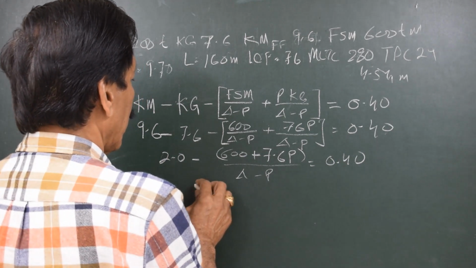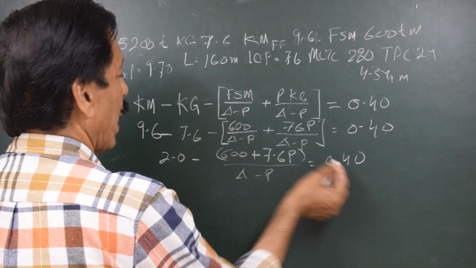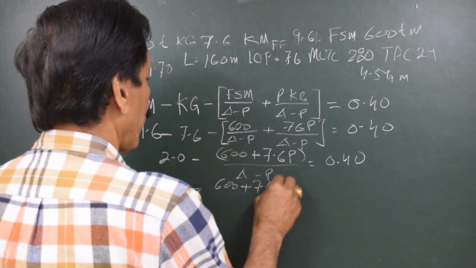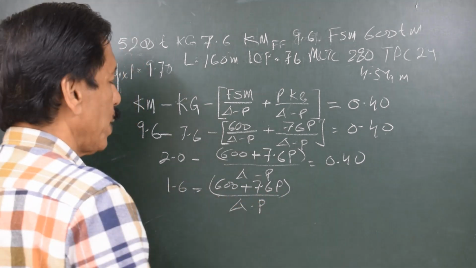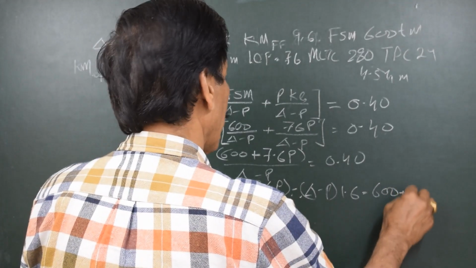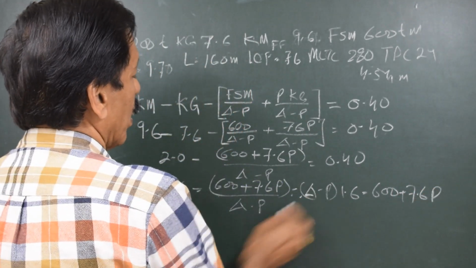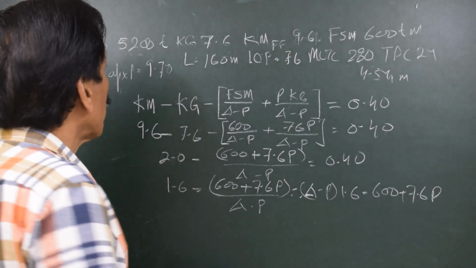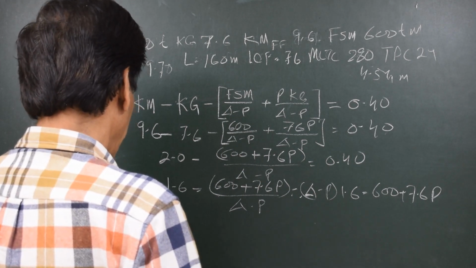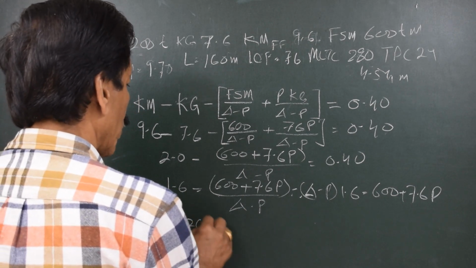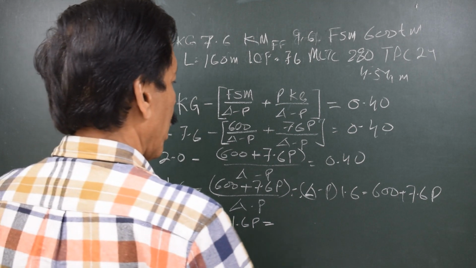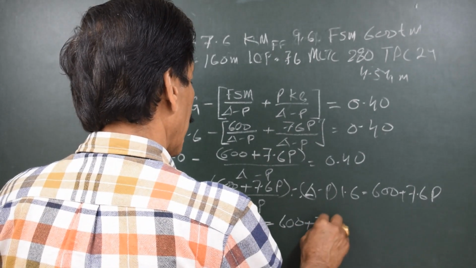This means 2 minus 0.40, that is 1.6, equal to 600 plus 7.6 P divided by delta minus P, which means that delta minus P into 1.6 equal to 600 plus 7.6 P. Delta is 5200, so 5200 into 1.6 is 8320 minus 1.6 P equal to 600 plus 7.6 P.